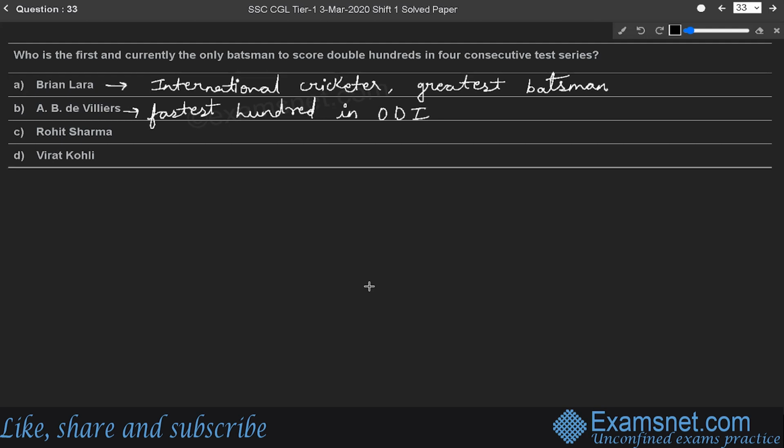ODI means One Day International, and he holds the record for the fastest 100 in ODI in 31 balls against West Indies. Next option is Rohit Sharma. Rohit Sharma holds the record for 3 double centuries.